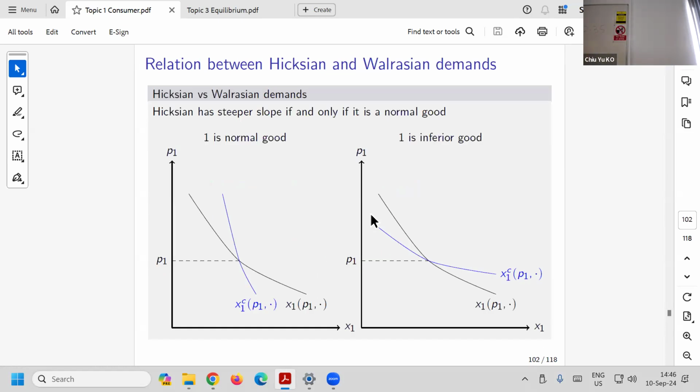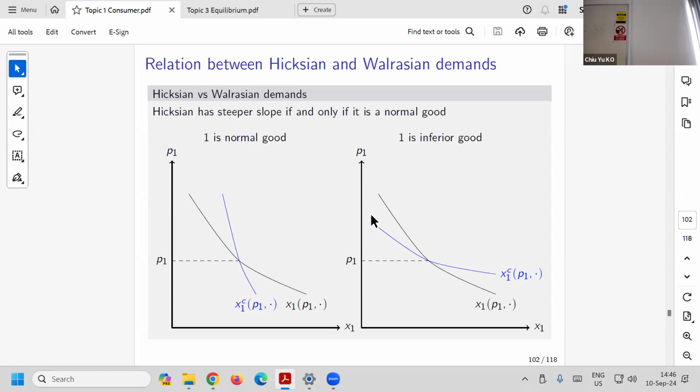So this is a comparison of the Hicksian demand and the Marshallian demand, which underlie this Slutsky equation. Then I can go on to explain the CBA. First, the black one is the Marshallian demand, normal. That's a thing you learned in Microeconomics 101. And the Hicksian demand can be in this shape or in this shape, depending on whether it's a normal good or inferior good.